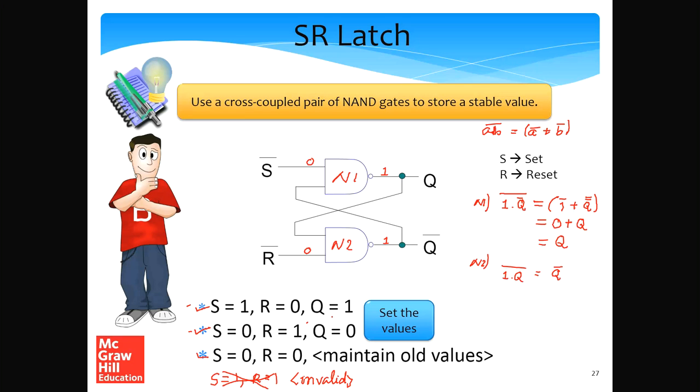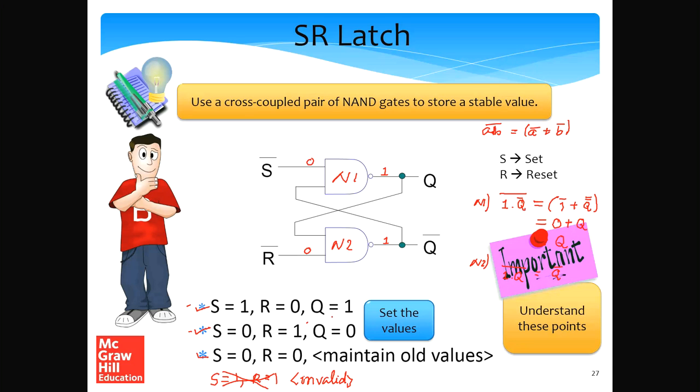So essentially, what are the top 3 inputs telling us? What the top 3 inputs are telling us is that we have a way of setting the latch, resetting the latch, and maintaining the value. So mind you, these are very, very important points. It is necessary to understand these points very nicely, very clearly.